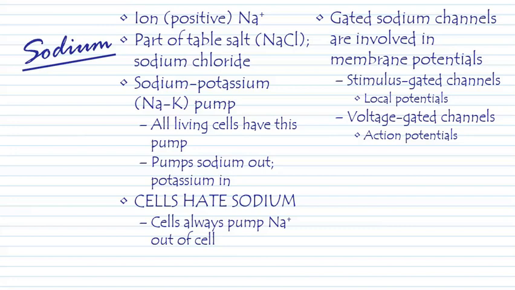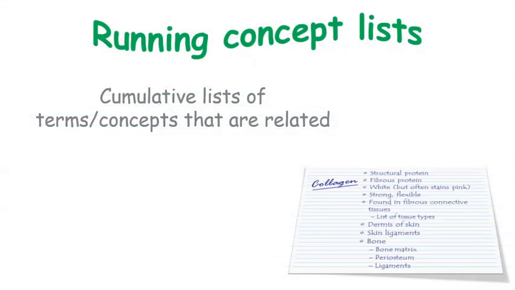So there's a few things on this list. And of course, there are many other things about sodium that a student can continue to add to that list. And we'll swing back around to that idea in just a moment. But just to emphasize again what these running concept lists are, I want to emphasize that they're cumulative lists. So we don't just start with a blank page and then list everything we know about a topic.